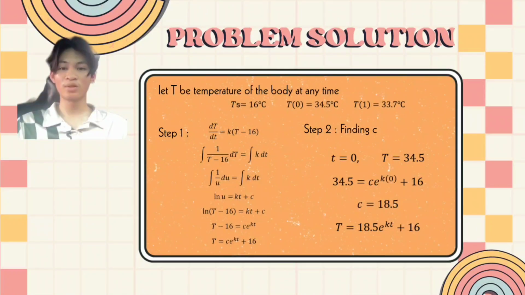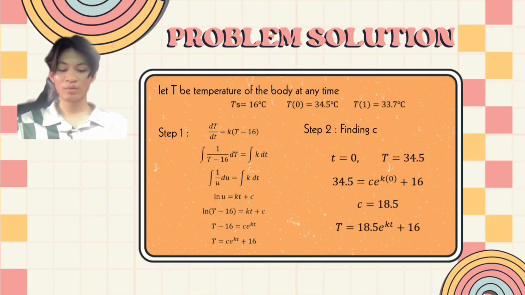But first and foremost, we need to find a few pieces of information: the temperature of the surroundings, the initial temperature, and the temperature at the given time, which in our case is t equals 1. So our surrounding temperature is 16 Celsius, the initial temperature is 34.5 Celsius, and the temperature at the given time, T1, is 33.7 Celsius.